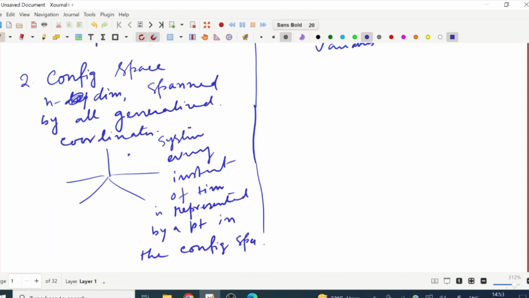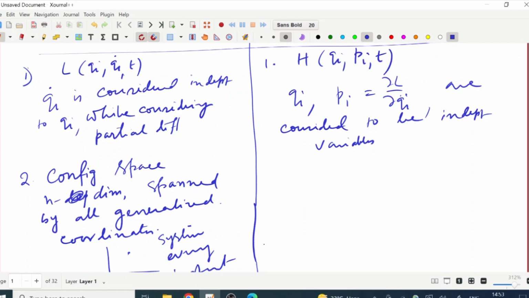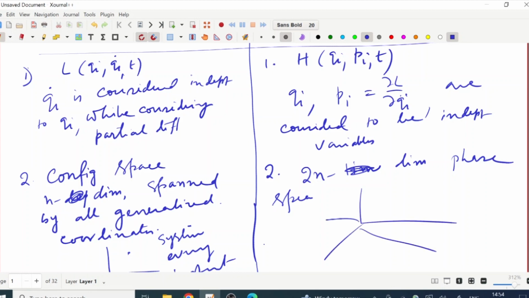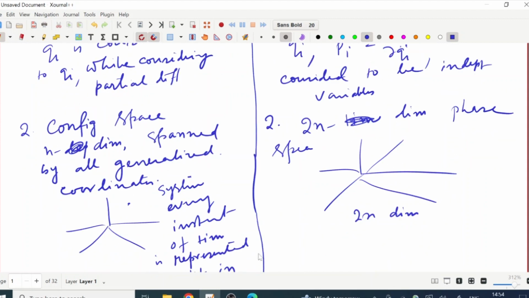On the other hand, you have 2n independent variables, n coordinates and n momenta. So, you can think of a 2n dimensional phase space. So, the phase space is 2n dimensional, and the system is again represented by a point in it.